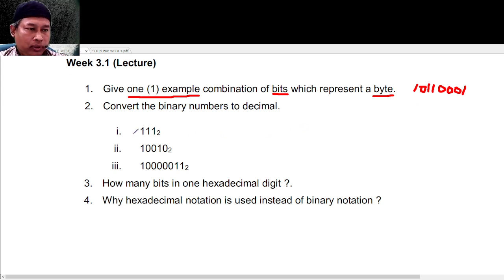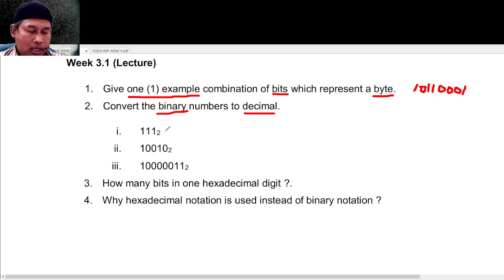So question number 2, convert the binary numbers to decimal numbers. You must remember binary to decimal. So the formula from binary to decimal is power of 2. So 1 1 1 in binary, what is it in decimal?